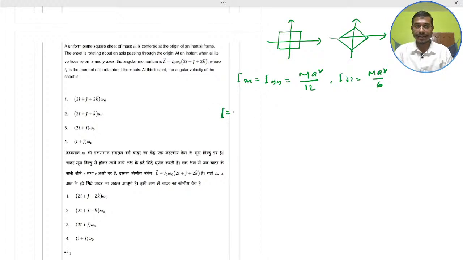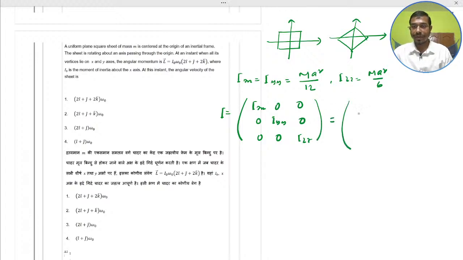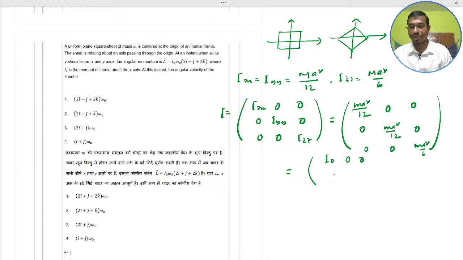So I means what in tensor form? I means Ixx 0 0, 0 Iyy 0, 0 0 Izz. So this would be m a square by 12 0 0, 0 m a square by 12 0, 0 0, and put this value m a square by 6. So now this is I naught 0 0, 0 I naught 0, 0 0 2 I naught.